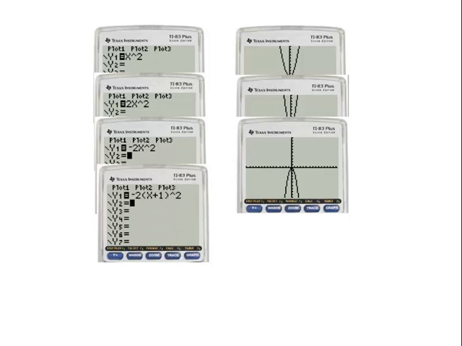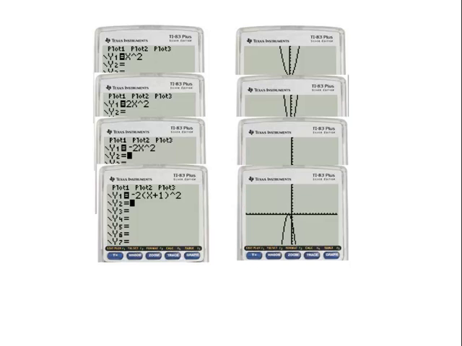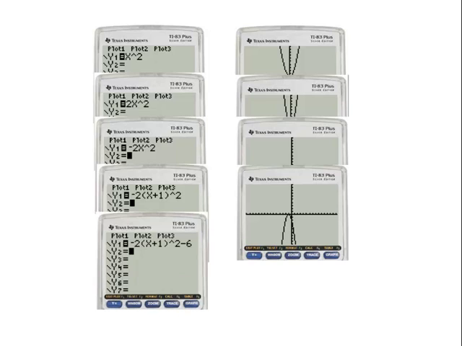Next, when h is negative 1, that is going to move the graph horizontally to the left 1. And the last graph, when k is negative 6, it is going to take this parabola and move it downward 6 units.